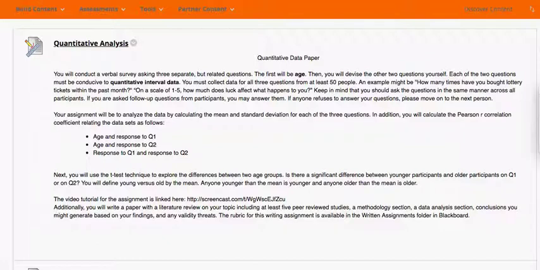You are going to include at least one data table in your analysis so that you learn how to format a data table in APA format. And then you'll wrap up with your conclusions based on your findings and include any validity threats that came up in your study. So let's go ahead and take a look at the rubric.